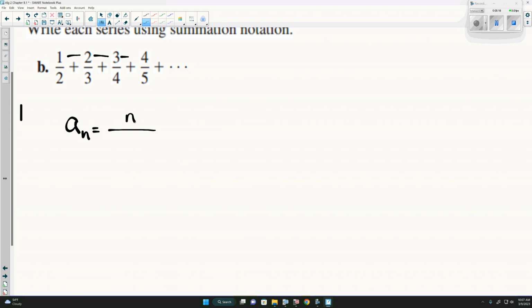And the reason I say n and not n plus 1 is based off the term in the sequence. Because 1/2 is our first term, 2/3 is our second, 3/4 is our third, 4/5 is our fourth. The number on top matches the term. So we can just say n. However, the numbers on the bottom are one more than our term, yes? Plus 1.